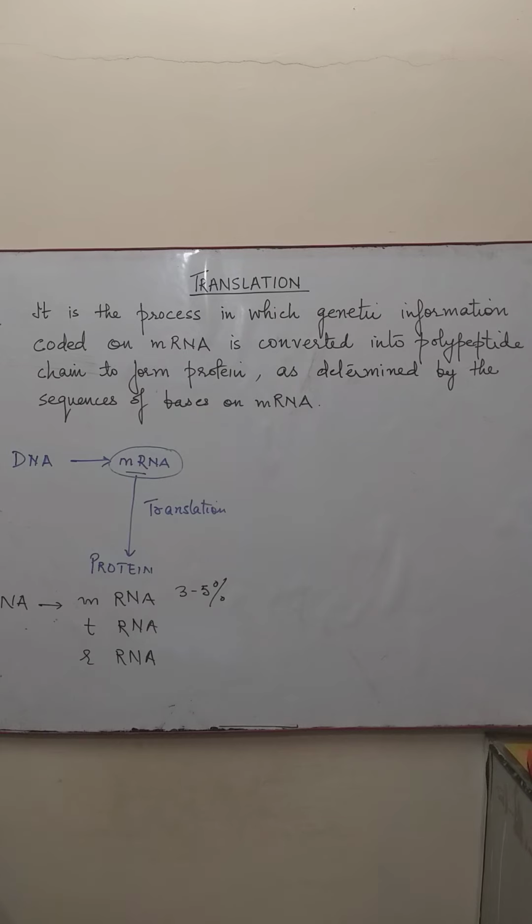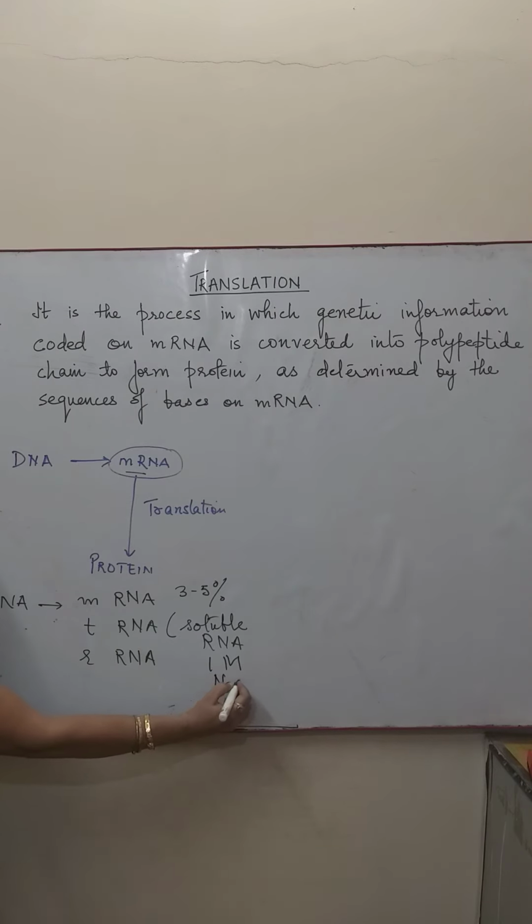The tRNA is a very important RNA, and it is formed from a small segment of DNA. The tRNA is also known as soluble RNA. Soluble RNA for the reason that it is soluble in 1 molar NaCl.